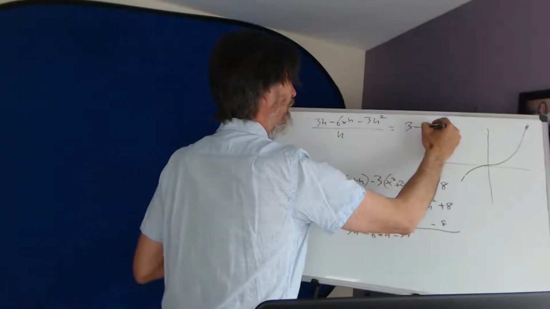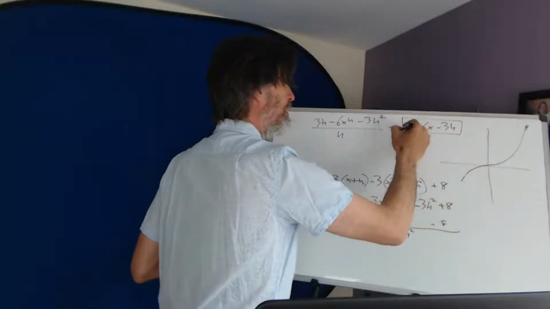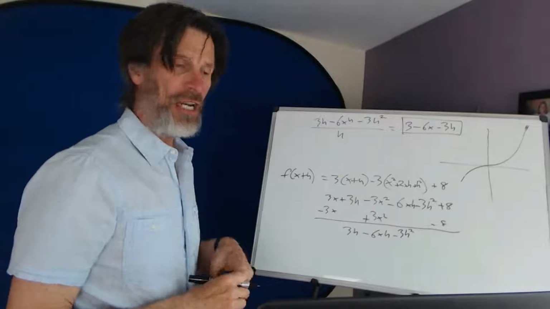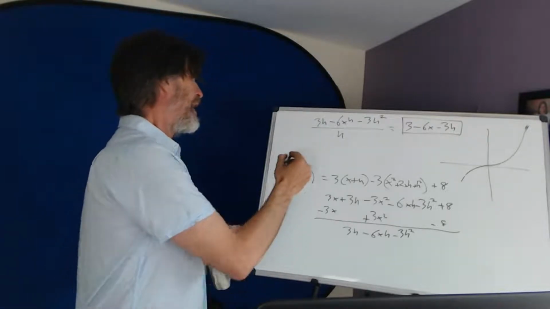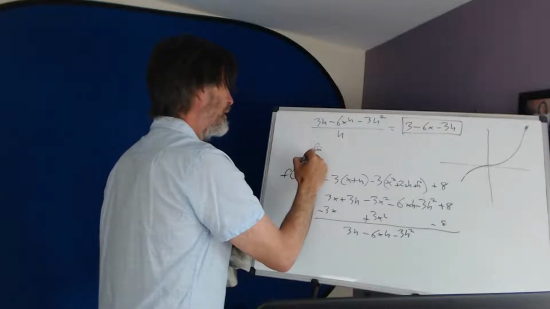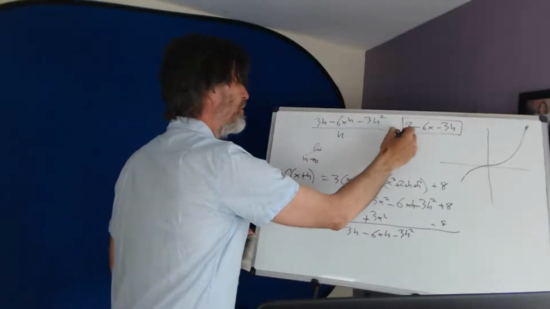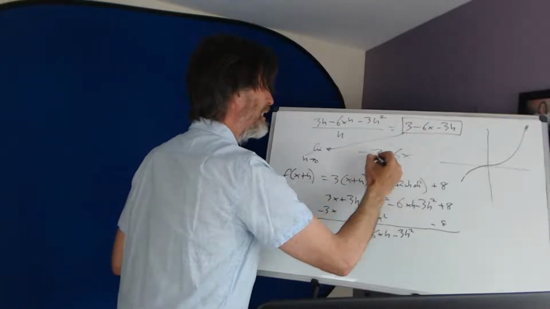That's 3 minus 6x minus 3h. There's your average rate of change for that problem, letter D, problem number 10. Now, if I go to 11D, I just take the limit as h goes to 0 of that thing right there, and I get 3 minus 6x.